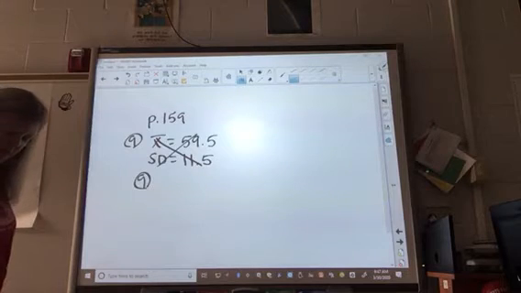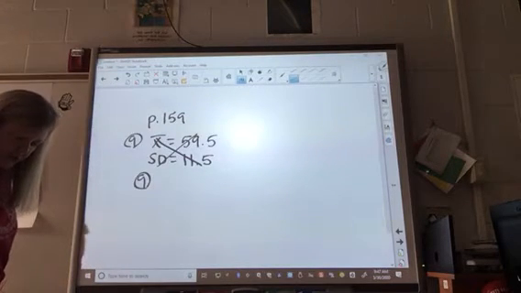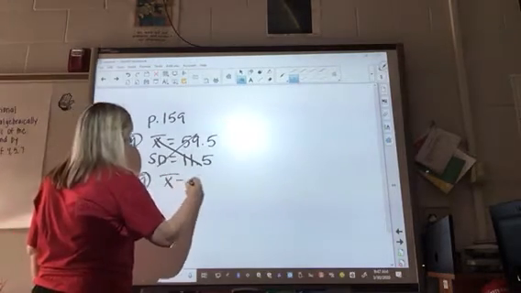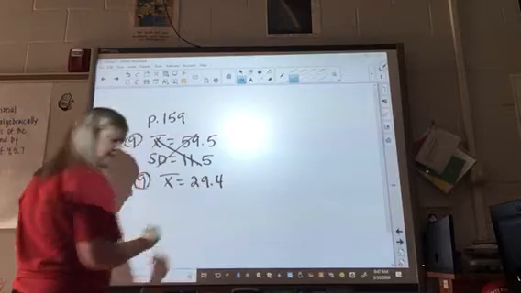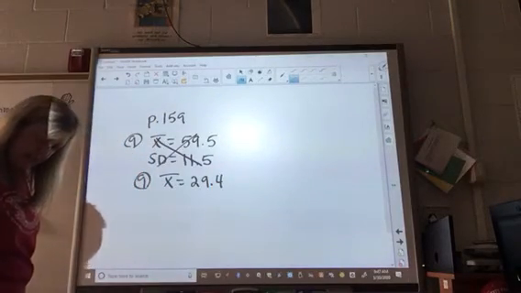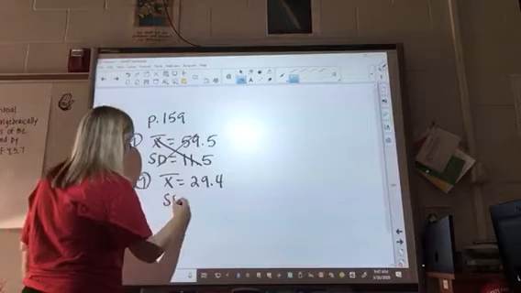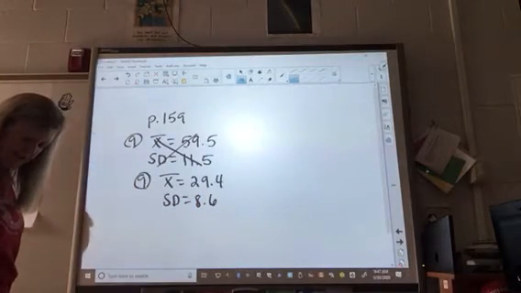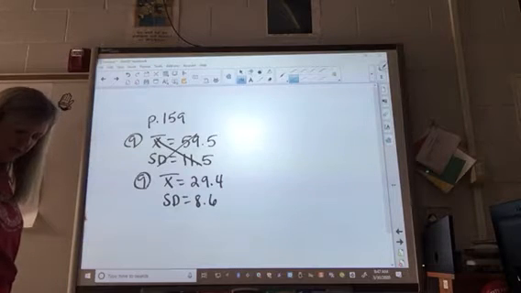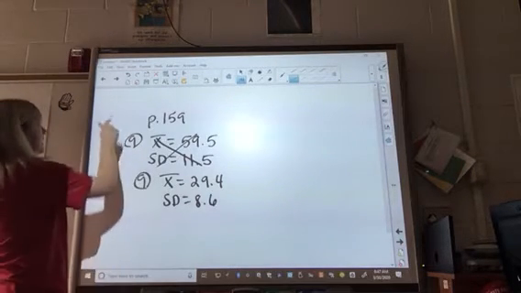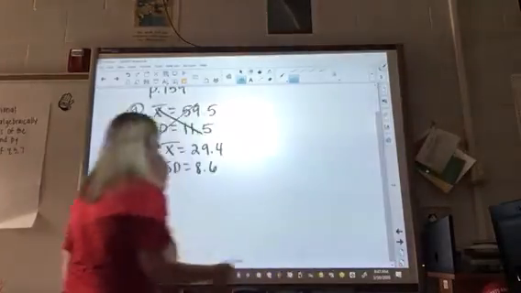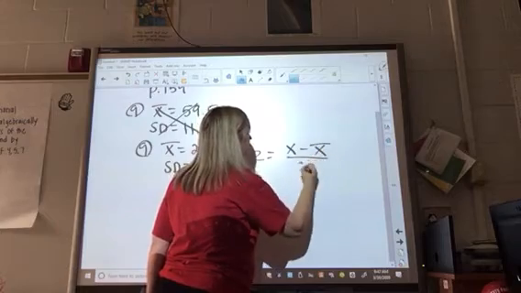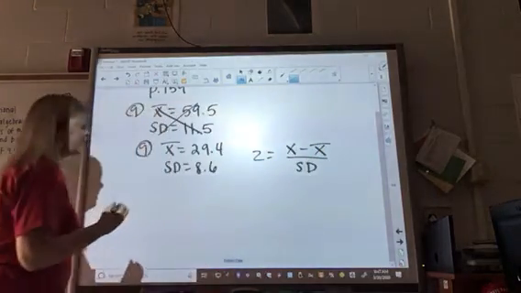Number 9 says, if the average number of vacation days for a selection of various countries has a mean of 29.4 and a standard deviation of 8.6, find the z-scores for the average number of vacation days in each of these countries. The formula for z-score is the data value minus the mean over the standard deviation.